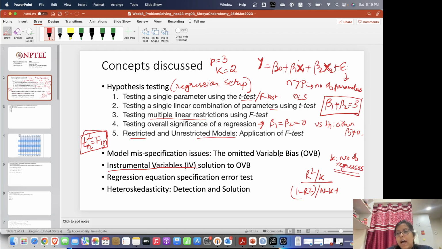Then apart from that, we also learned about this regression equation specification error test, or the Ramsey RESET test, which is a test we conduct in order to validate that the linear model that we are using is okay and that the non-linear form of the functional form is not true.